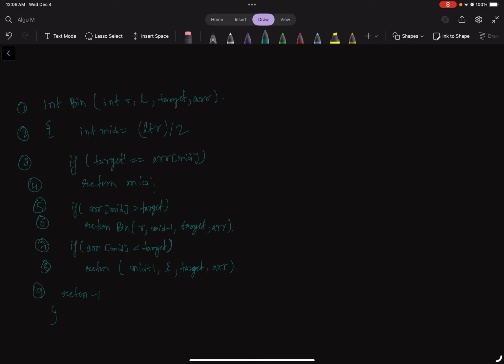If ARR of mid, whatever index we have in the middle, is greater, we got something here, x, which is greater than target, so we will be moving to the left side.